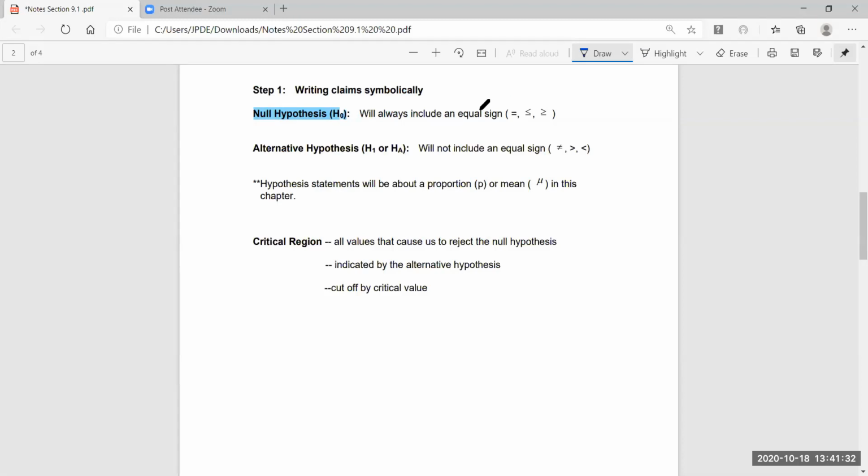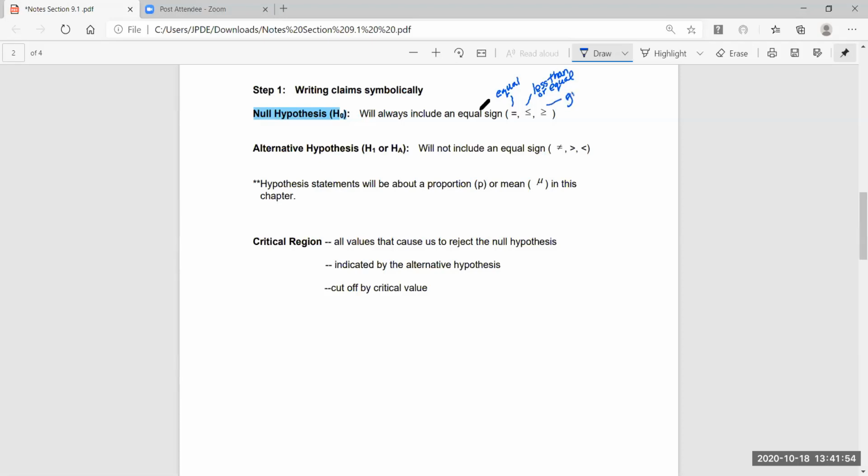So let me show you. This one is the straightforward equal. That one's not so bad. Here, this is a less than or equal to symbol. It does have the equal in it, so it would still be considered in the null hypothesis.